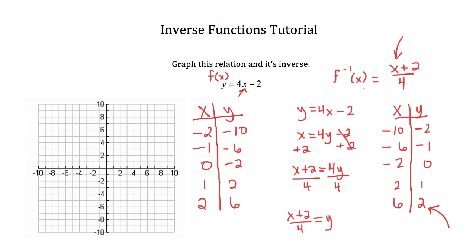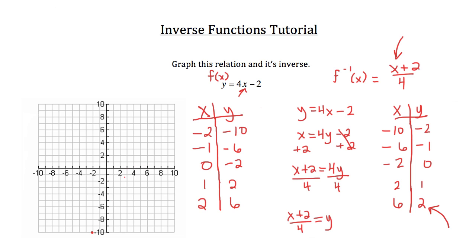So now let's just go ahead and graph them. I'll graph the original function in this same color, and I'll graph the inverse function in blue. So let's plot these points, negative 2 and negative 10. So I'll go negative 2 to the left of the origin and 10 down and put a point.